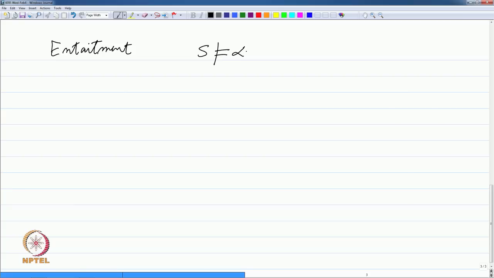So, we carry forward this notion of entailment to FOL, and in FOL we say that a set of sentences S entails an alpha if, whenever an interpretation I entails the set S.